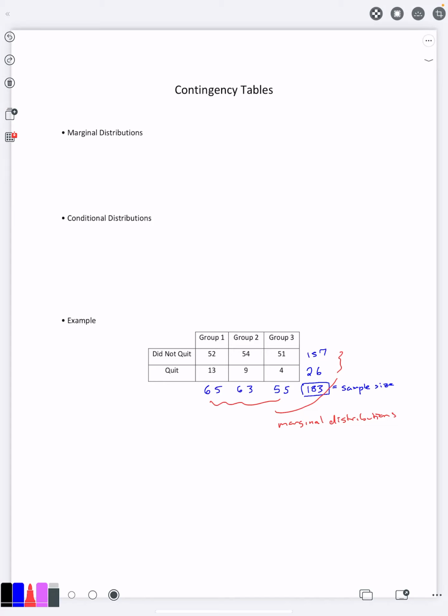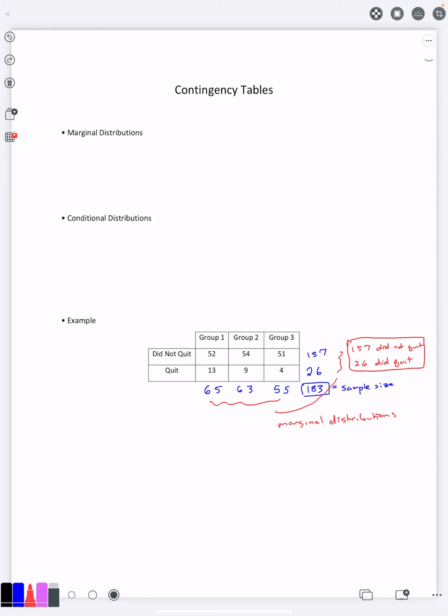If you want to look at just one variable at once, like over here, we say 157 did not quit, and 26 did quit. I've taken my details, and I've lost some of them. I don't know who was in group 1, group 2, or group 3 anymore. And this is just a result that tells me about the variable quit or did not quit.